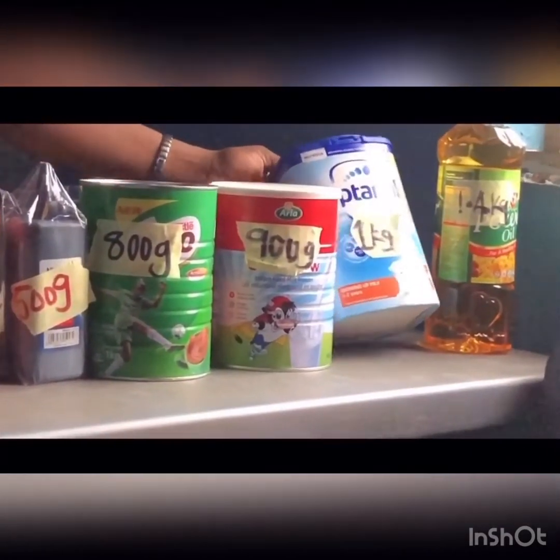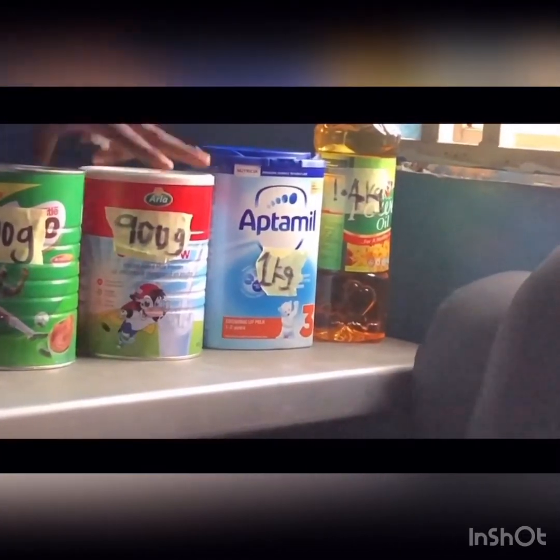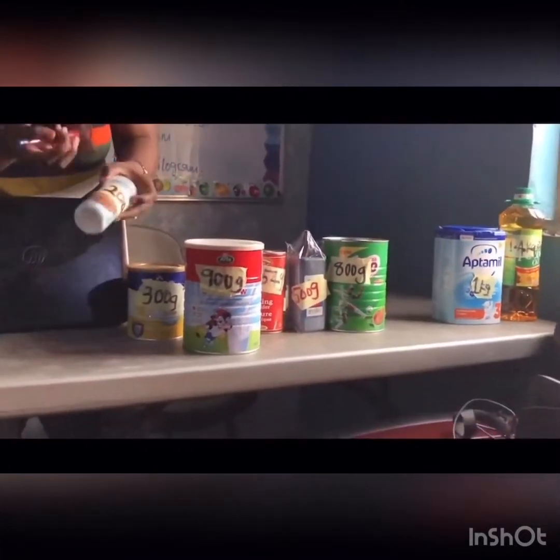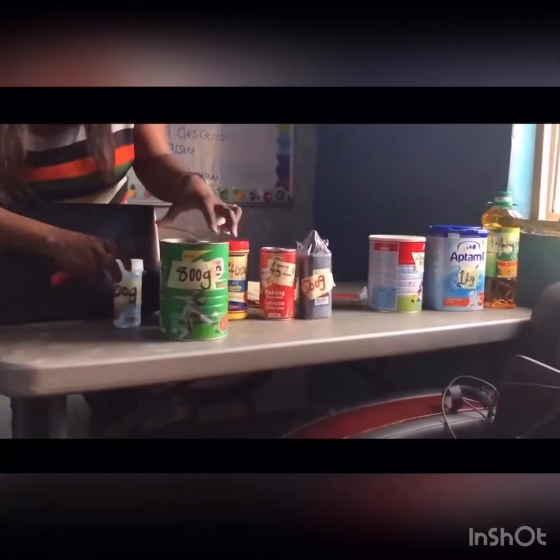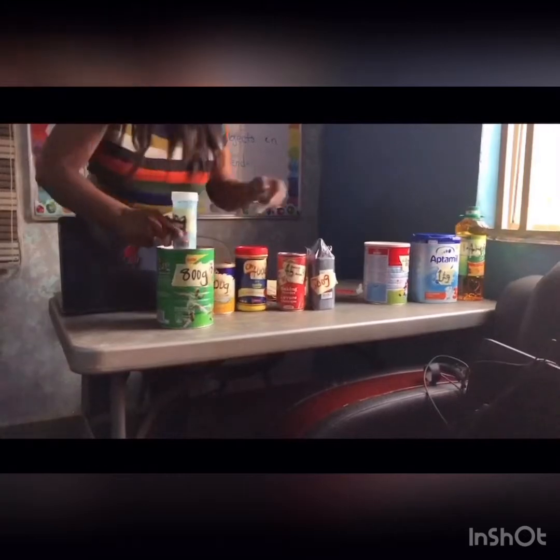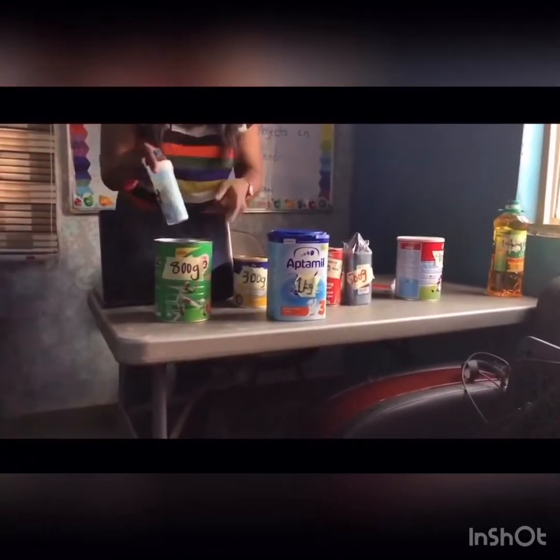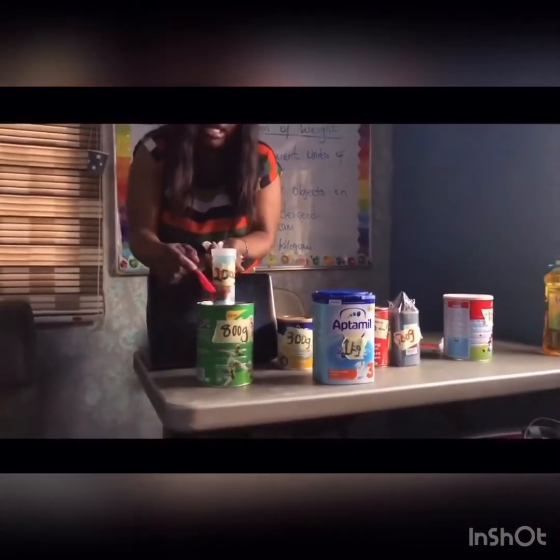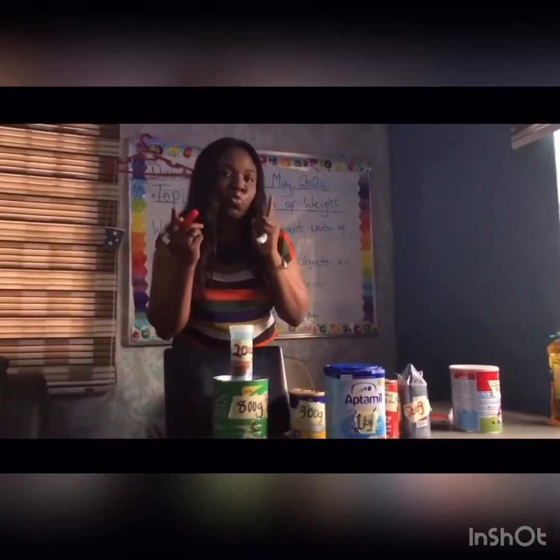Then this is 1 kilogram. So it means that 800 grams plus 200 grams, we have to combine these together to get 1,000 grams, which will give us 1 kilogram.